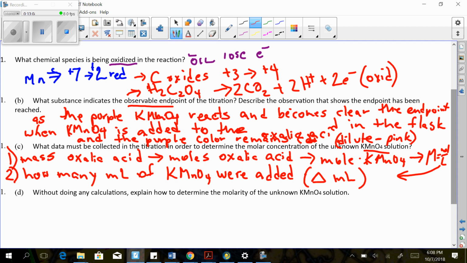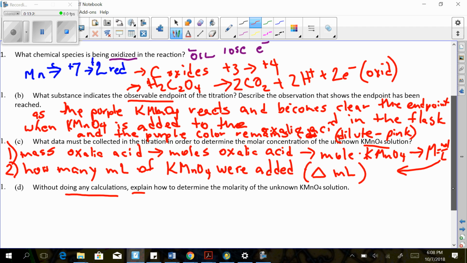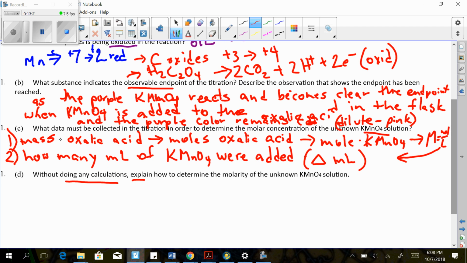And so that kind of answers part of the next question. If you want to know without doing calculations, in other words, explain how to determine the molarity of the solution. If we go back to the data we collected, the mass and the number of milliliters, we're going to use that to figure out the molarity.